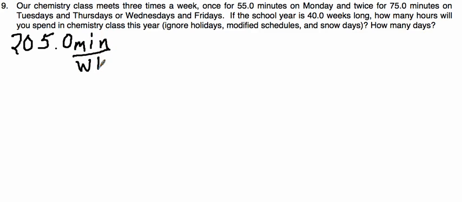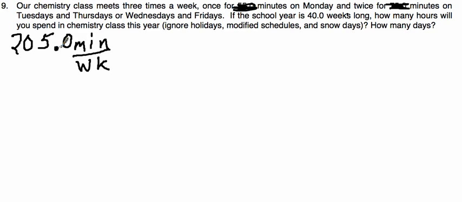per week. I added these up and put some units on it. It's not just minutes, it's minutes per week. You might be wondering why I put the point 0.0.